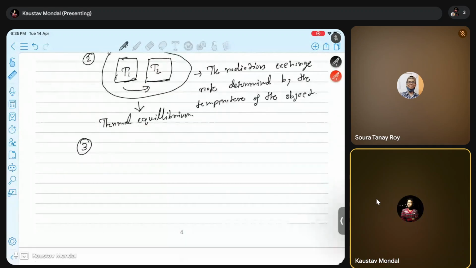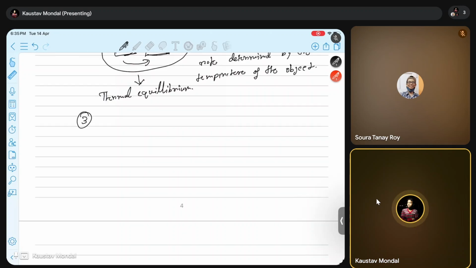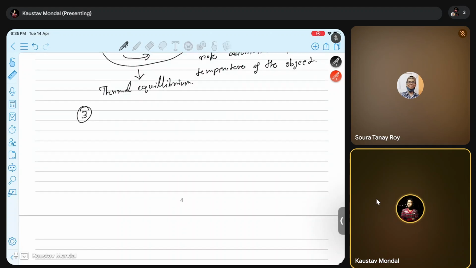For a body that has a temperature higher than absolute zero, in order to achieve thermal equilibrium in terms of radiation, the spontaneous emission and absorption rates should both be equal.